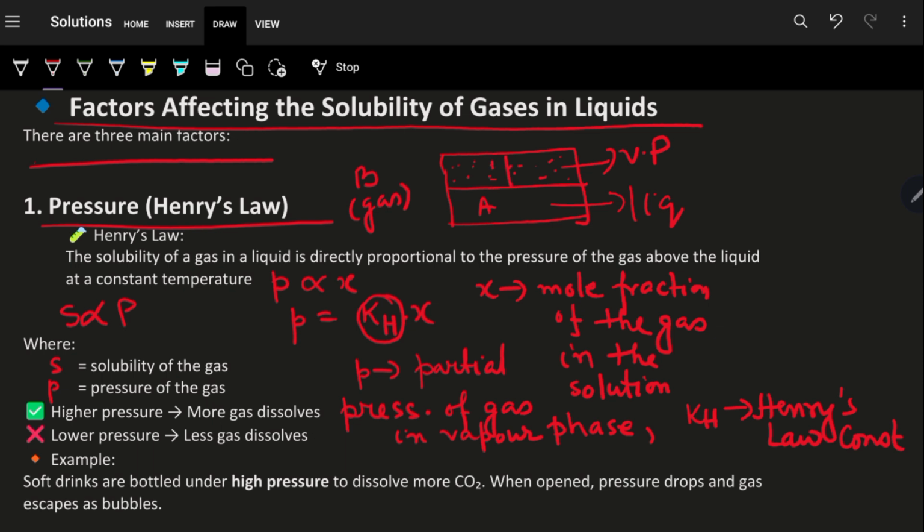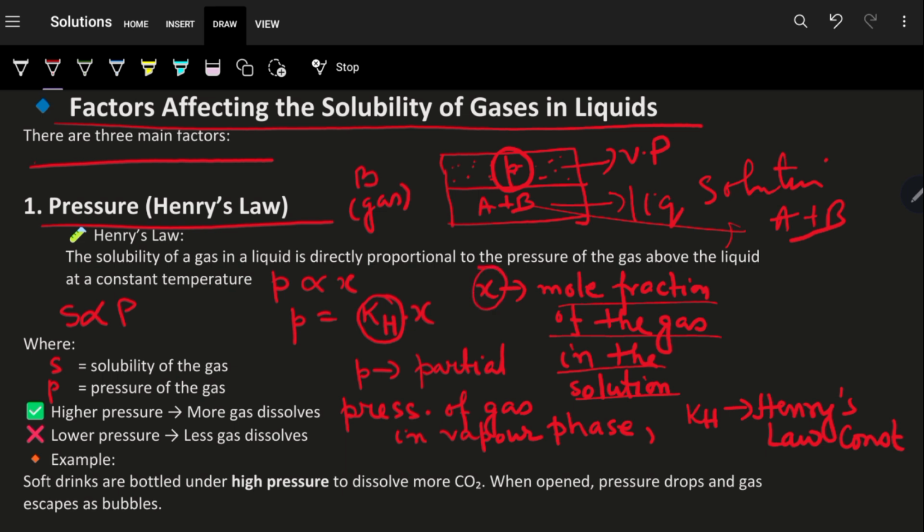So this is the partial pressure of the gas in the vapor phase, and that is proportional to the mole fraction of the gas in the solution, in the liquid phase, because you're talking about A plus B. That is, in this liquid, B is dissolved. So what is the mole fraction of the gas in the liquid?